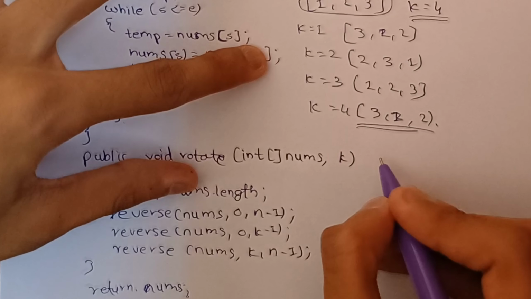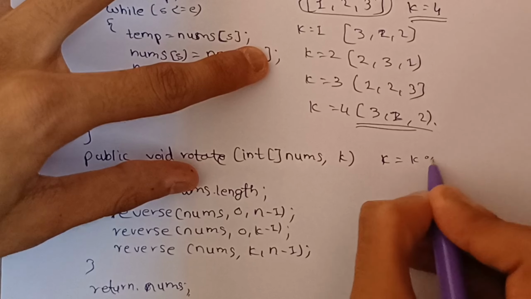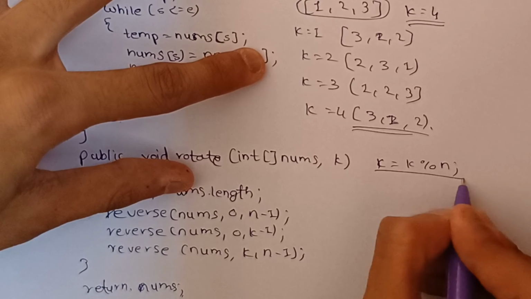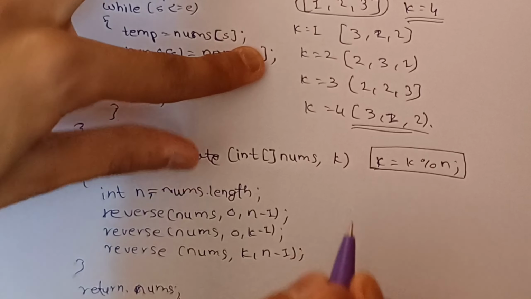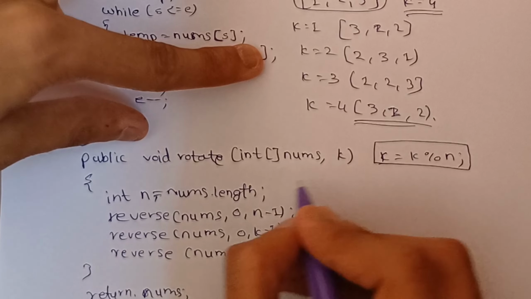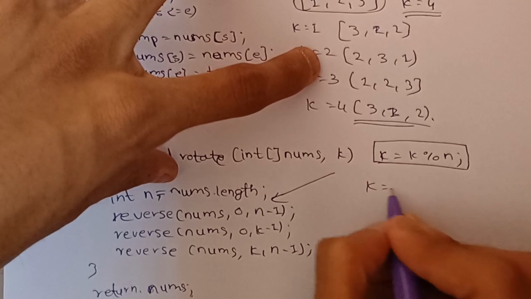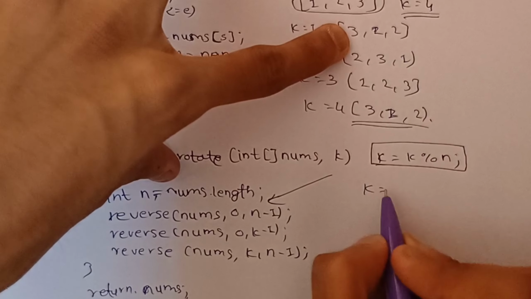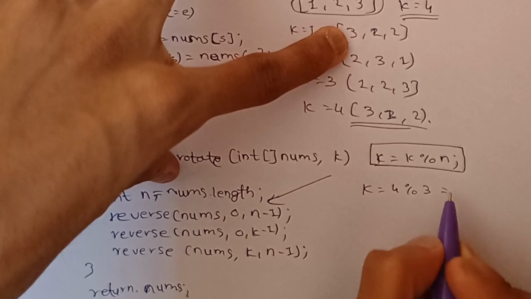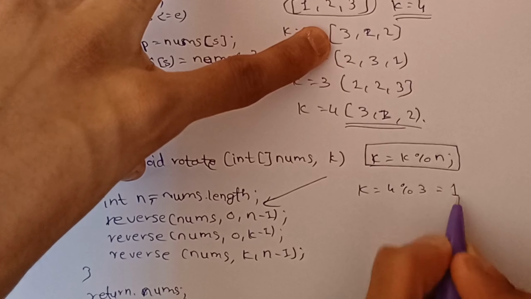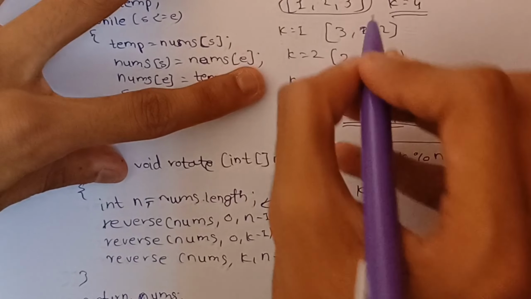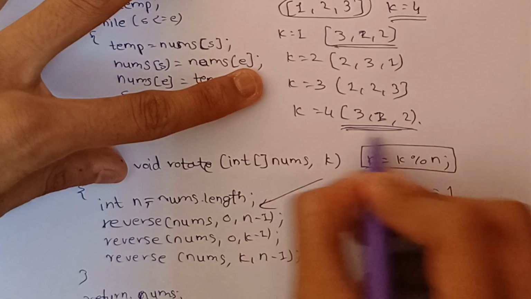So we will simply apply k equal to k modulus n, meaning the length of the array. This is the main problem in this question, and we have to put it here. Now k equal to k modulus n means 4 modulus 3, so the remainder is 1 and it will rotate only one time, and the answer is correct.